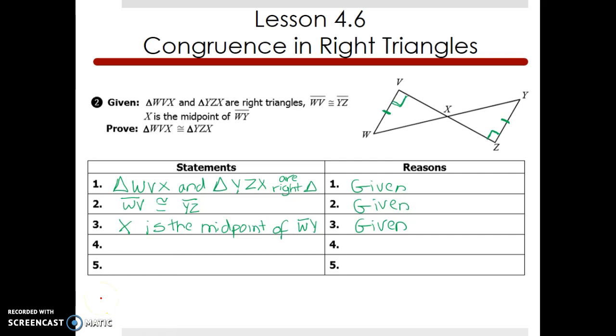So if X is the midpoint of WY, this is the line WY, then it means this side has to equal that side. So that means WX is going to be congruent to YX. They're congruent because of the definition of midpoint.